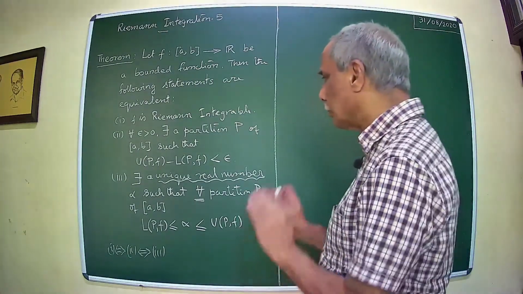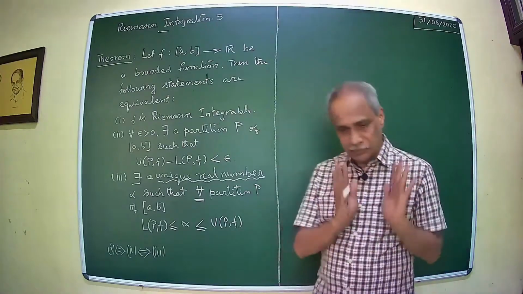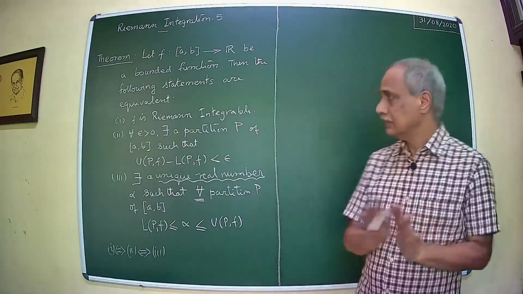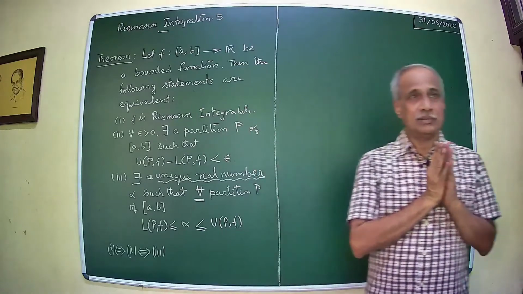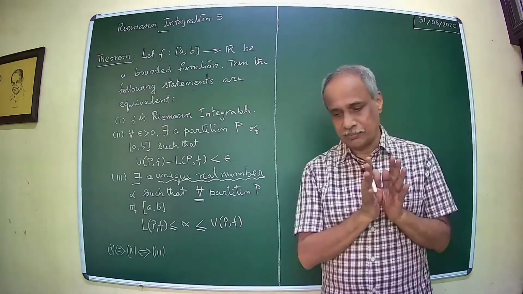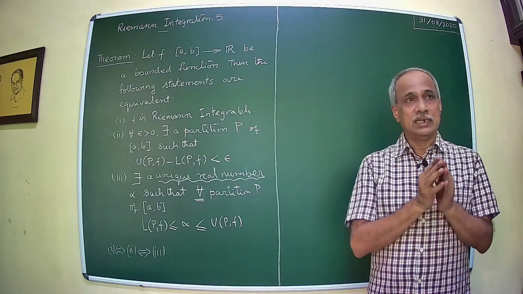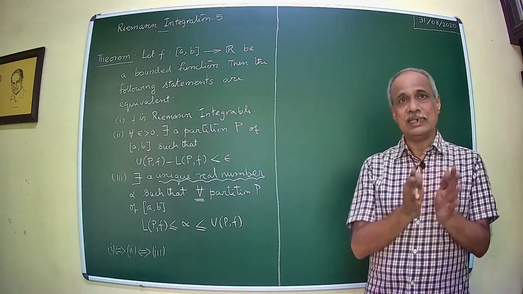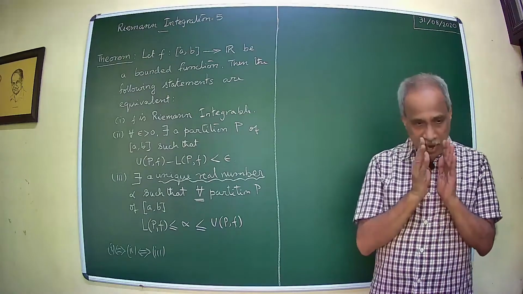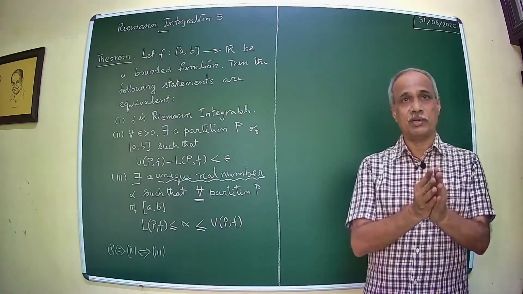Now see how the proof goes. Now this is the important part. It is not the fact that is proved there, but a mathematician or a student of mathematics should look critically at the way in which the arguments are put forward to prove a theorem.